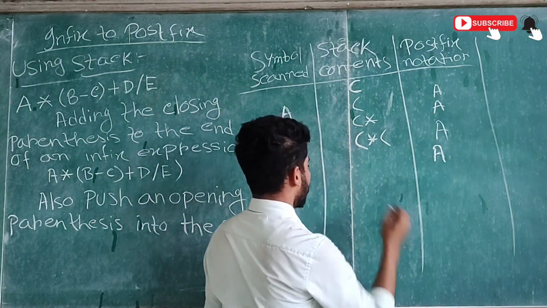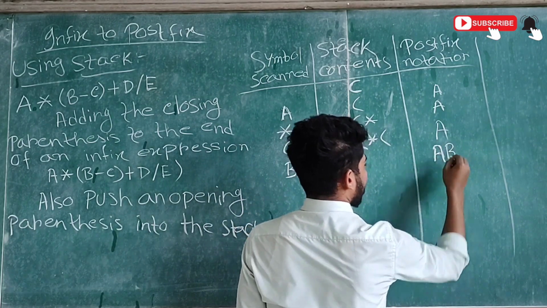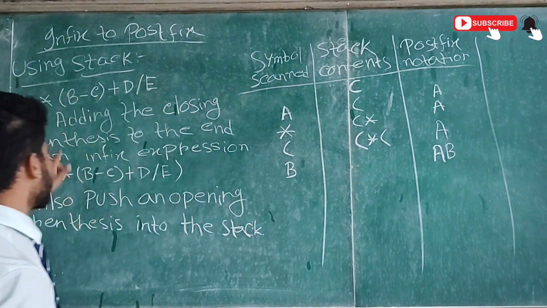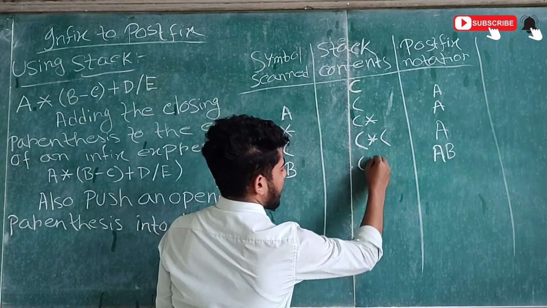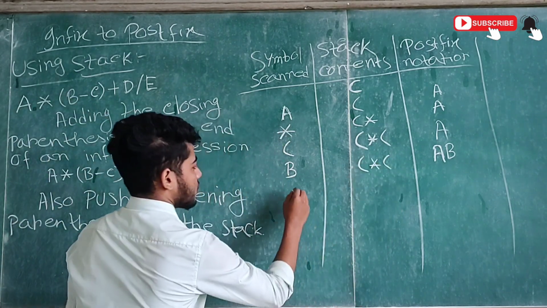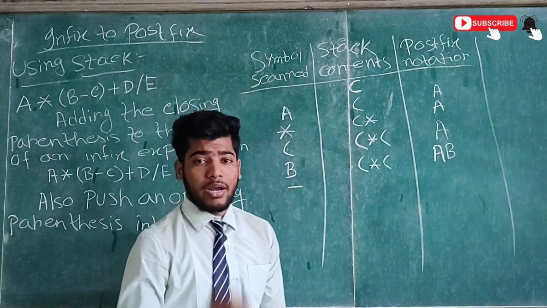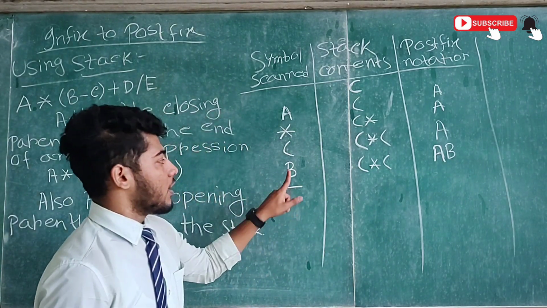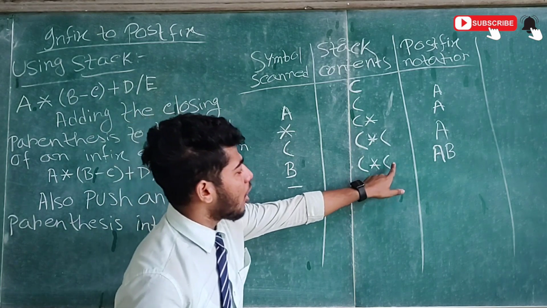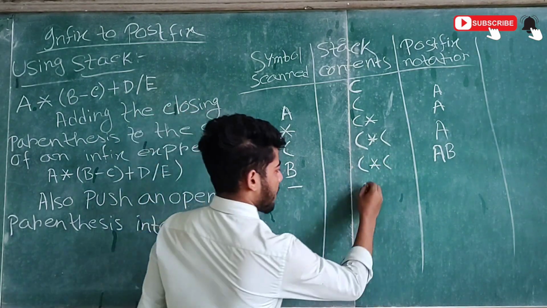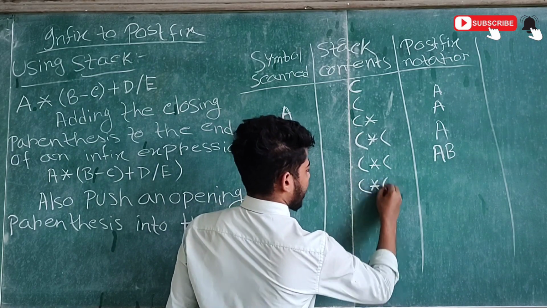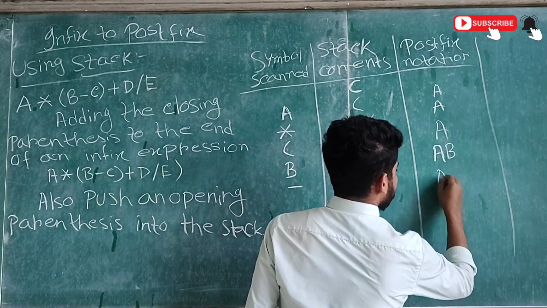Previous is A, then B comes, so AB. Next is minus. Minus is an operator, so check: is there any operator present? No. So we directly add it to the stack, and postfix will be the same.